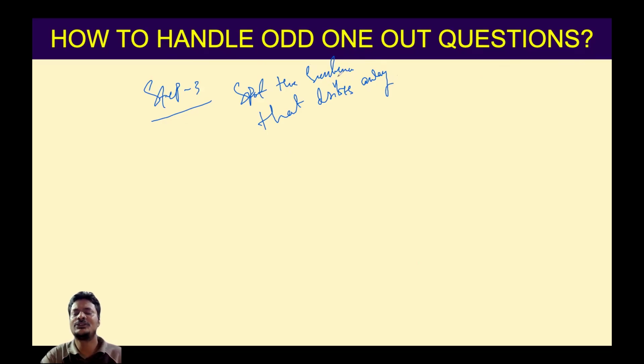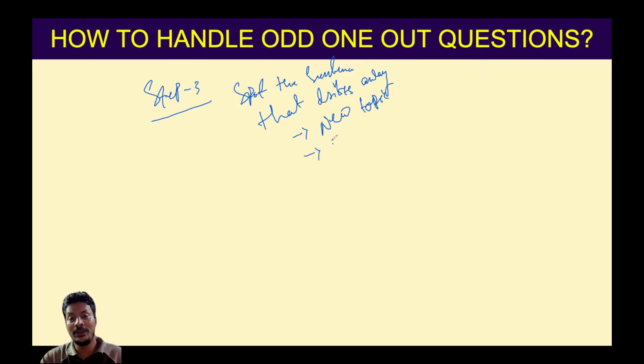The sentence that drifts away is usually the odd one out. How do you find out a sentence is an odd one? When you find a new topic: all the other sentences are telling about one particular topic, and another sentence introduces a new topic.